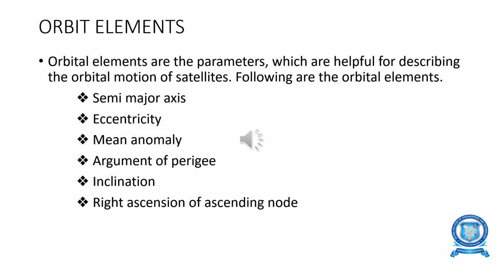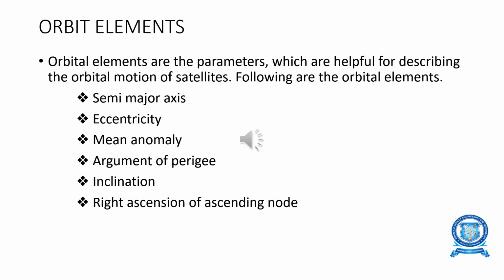Next, orbital elements. The path of a satellite revolving around the Earth is known as its orbit. The path can be represented with mathematical notations. Orbital mechanics is the study of the motion of satellites that are in orbit.